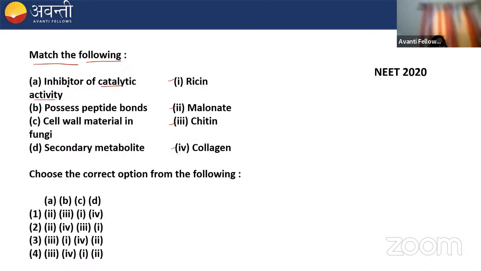Okay, let's see. Inhibitor of catalytic activity, I told you when I was telling you the factors inhibiting the enzyme. Mohina says 2, okay. MS Gauri says 3, okay. Let's discuss now.